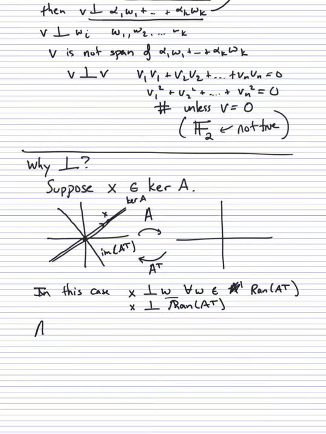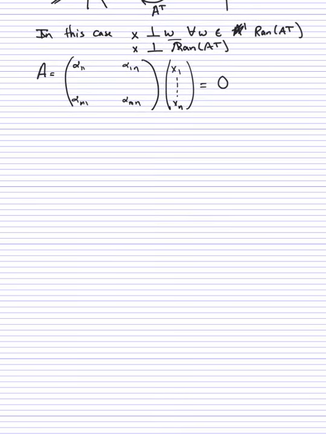I'll just write down A. It'll be of general form alpha 1,1 through alpha 1,n, down to alpha m,1 through alpha m,n. And we're mapping in x1 up through xn and saying this is 0, so x is in the kernel of A. In other words, we have alpha 1,1 x1 up through alpha 1,n xn equal to 0.